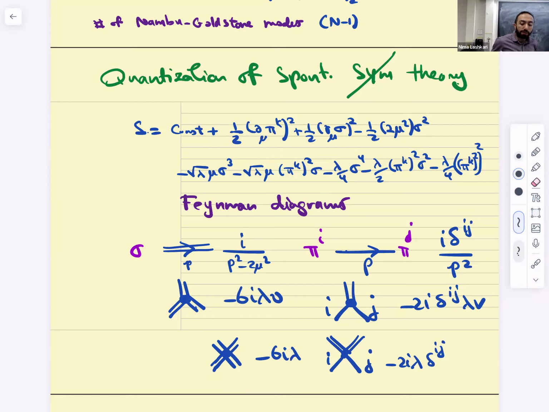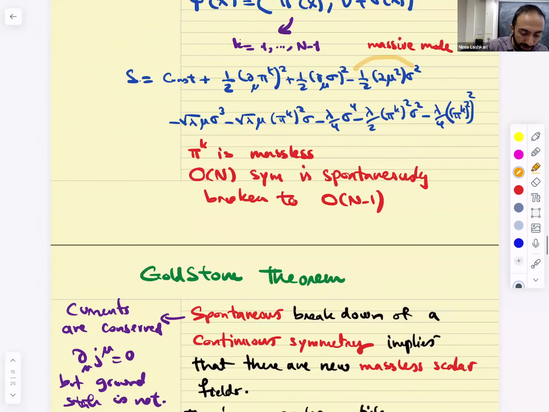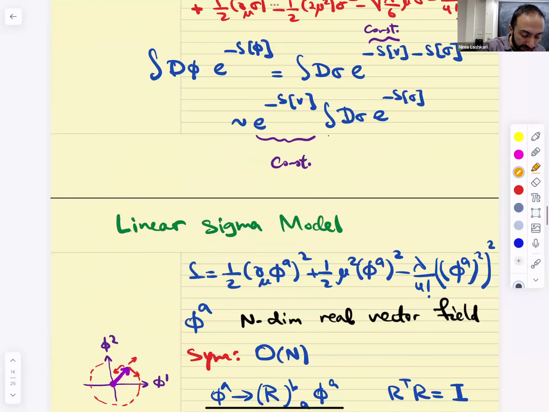All right. What are we going to do? We're going to start with this action and do renormalized perturbation theory. What was the first step of renormalized perturbation theory?